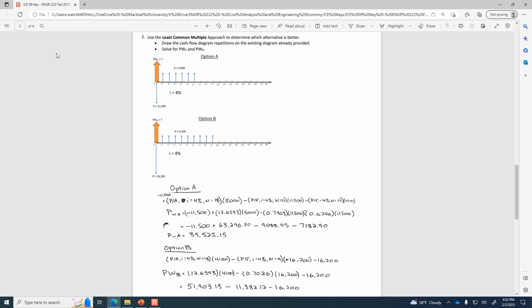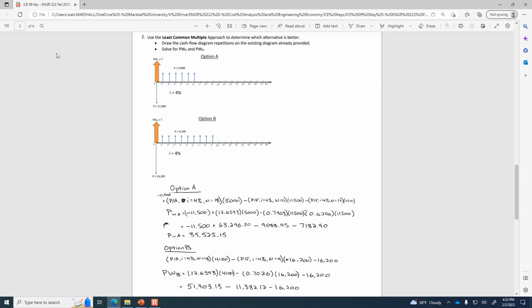Okay, so up here on the whiteboard, it's showing the steps to calculate the present worth for option A. First of all, there's already 11,500 at the present, so no factor has to be applied there. But then take a look at the minus sign. It's because it was that arrow downward. That's an outflow. It's an expenditure.